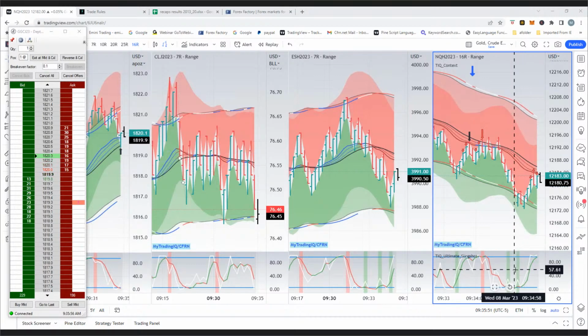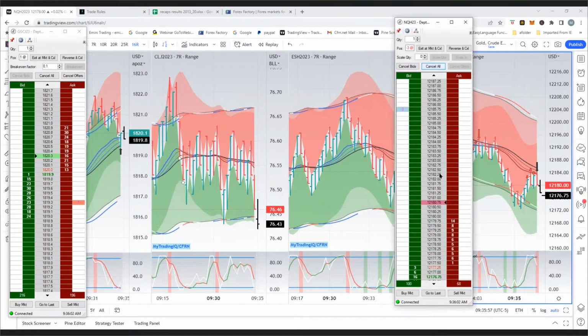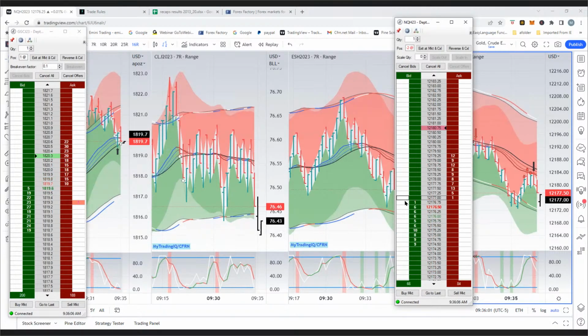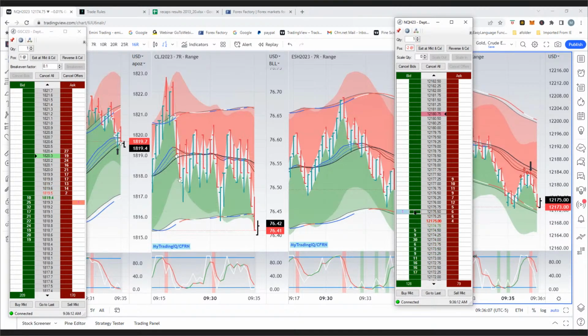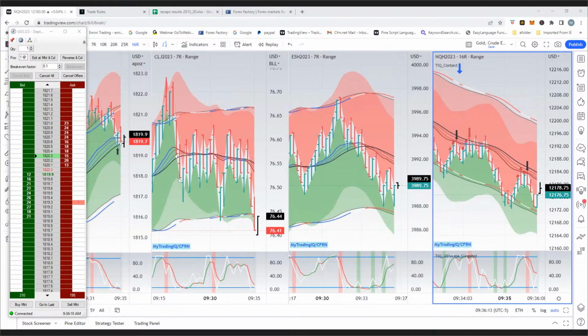Okay, so the NQ needs to pull it out of the, like that right there. It needs to pull it out of the oversold, overbought. And that is, I don't know how many that is. Okay. Oops. And I'm short 2 now. So let me just update that. Okay. I don't know how much I got out of that.